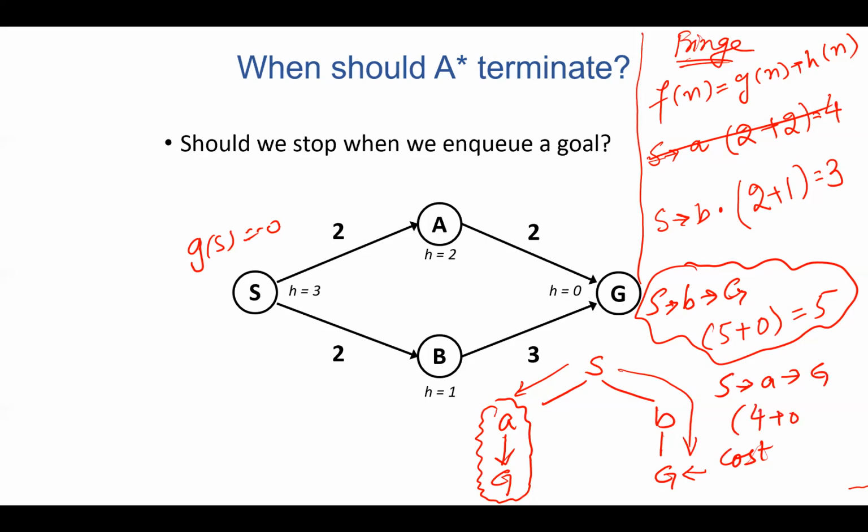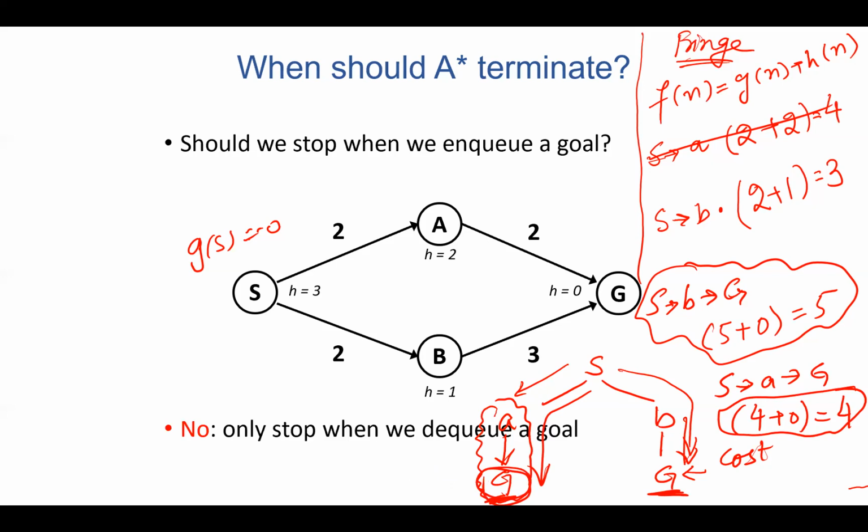And then H of G is 0. This is the optimal path. So then what we do is we explore this one too, and then we look at the lowest cost. Here we dequeued this one because it is the one with the lowest cost. So the idea basically is to only stop when we dequeue the goal, not when we enqueue the goal.